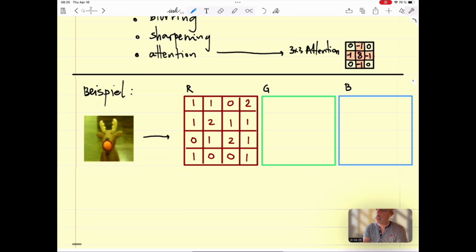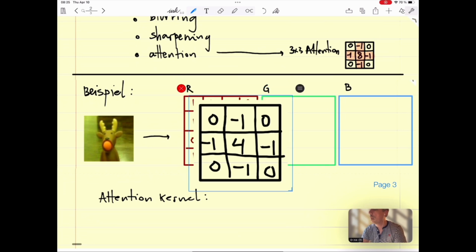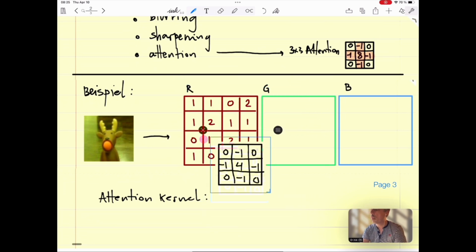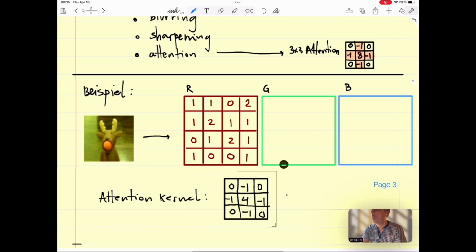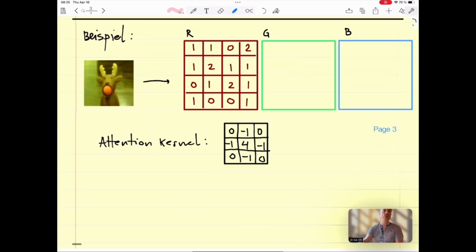Then we define a kernel, like an attention kernel, given by this other one. This is going to be our attention kernel. You see that the biggest value is in the middle, and then we have minus numbers around that one, and then zeros the rest. So how does this convolution work?